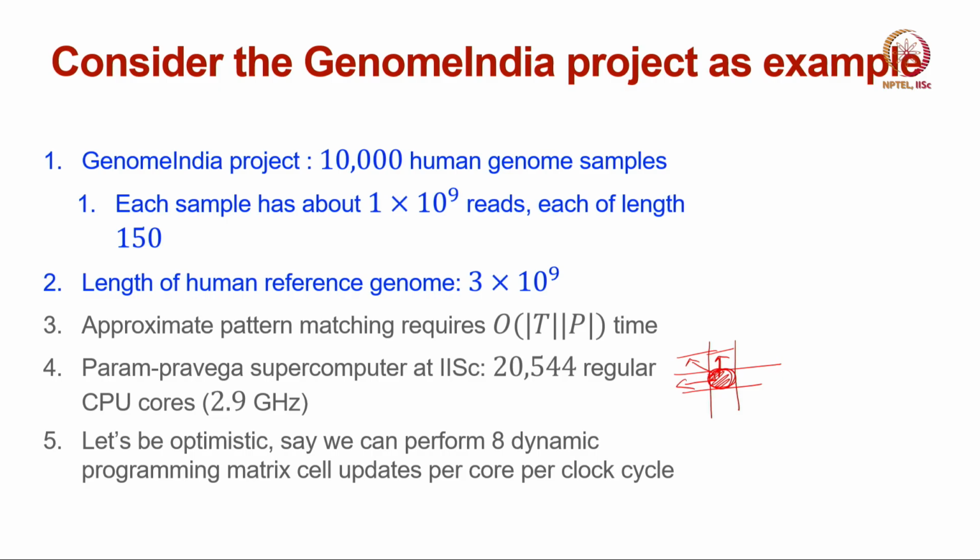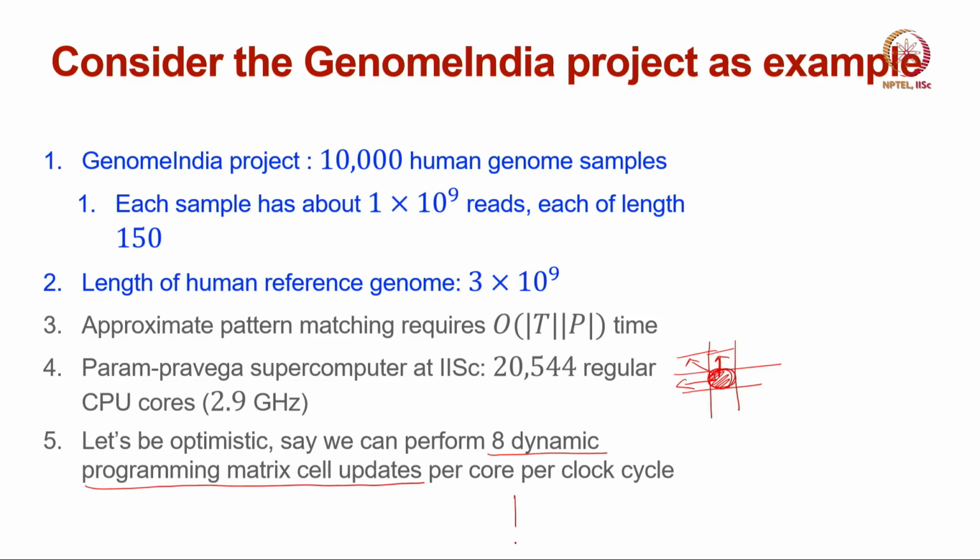Even if we use some instruction level parallelism, let us be optimistic and say that we can do 8 dynamic programming matrix cell updates per core per clock cycle.